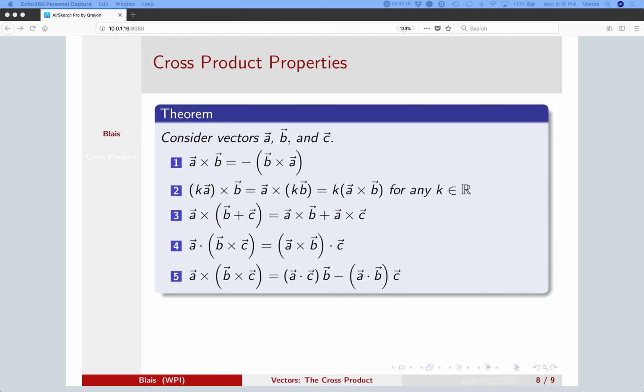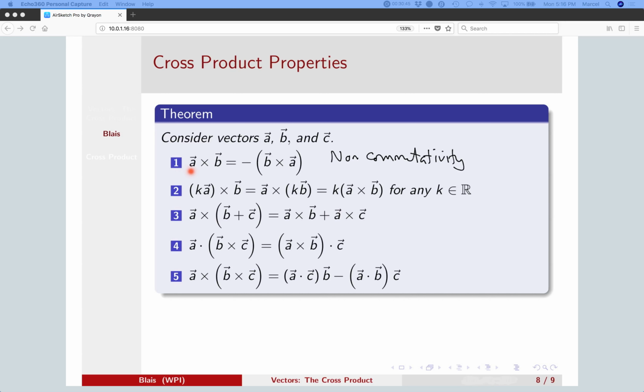Okay, that being said, let's talk about some algebraic properties of the cross product. The first is what we mentioned earlier. This again is what we call non-commutativity, which is a fancy way of saying that if you switch the order, you change the math.